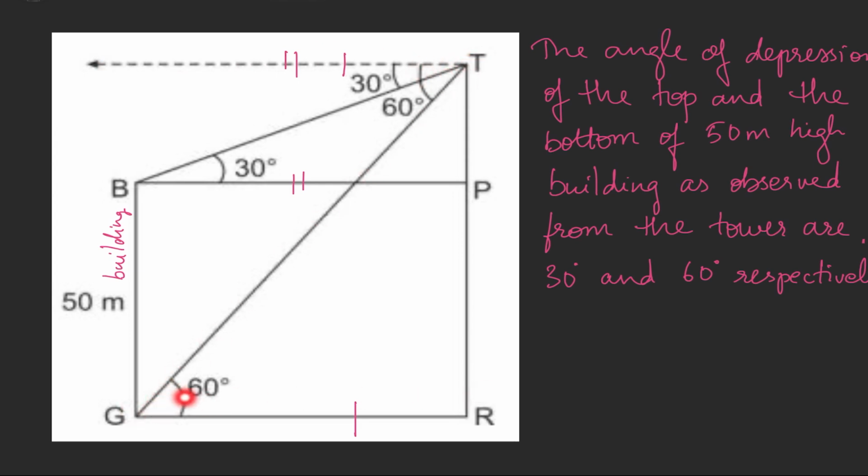Here it is 60° and here it is 60°. Again, we got alternate angles, which will make your further calculation very easy. So, which are the 2 points we have to keep in mind? Whenever you are going to mark the angle of depression or angle of elevation, you will be taking that angle with respect to the horizontal line, that is from where the observer is going to view. It could be below or it could be above.